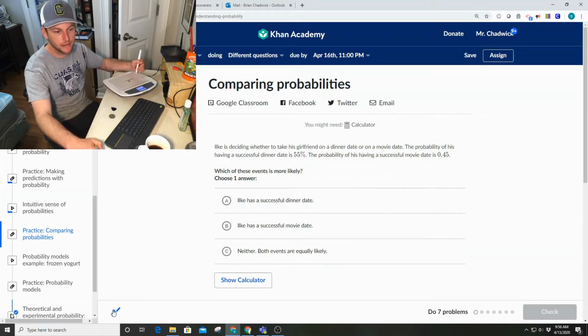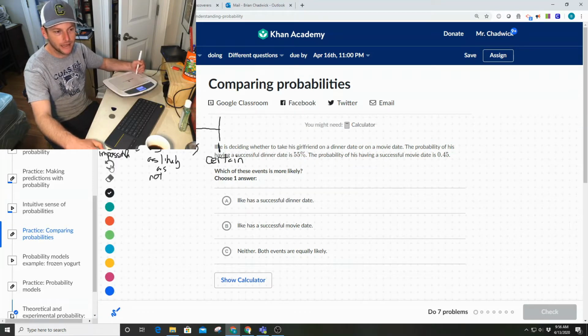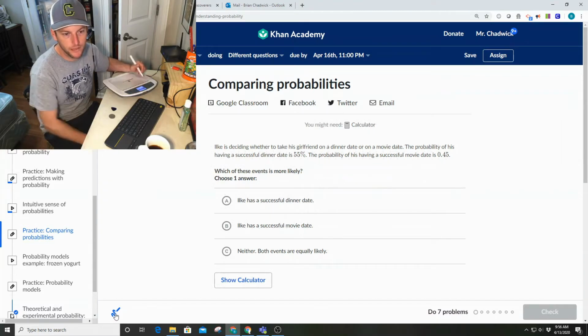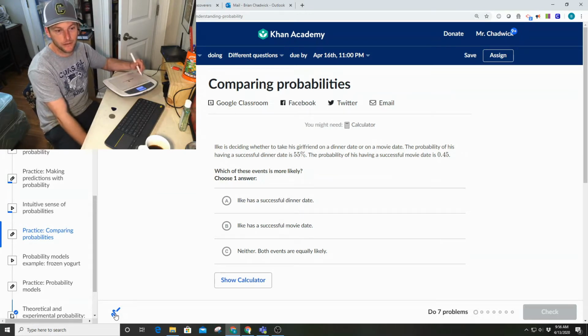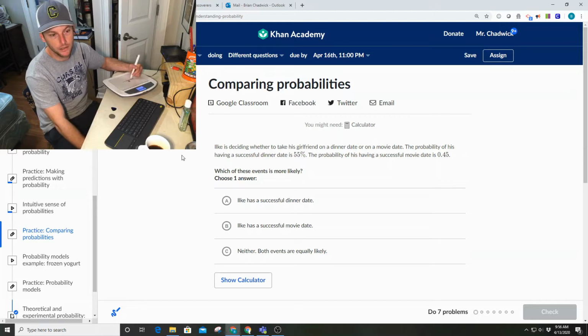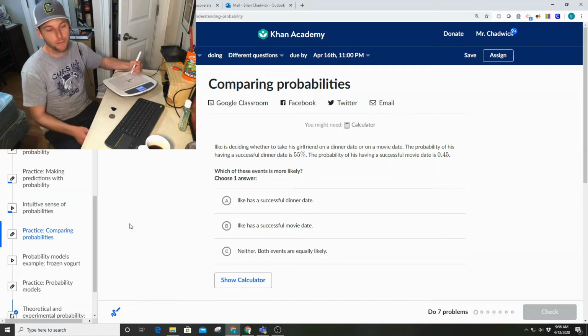So let's take a look at this problem here. I think it says Ike is deciding whether to take his girlfriend on a dinner date or a movie date. The probability of his having a successful dinner date is 55%, and the probability of his having a successful movie date is 0.45 or 45%.